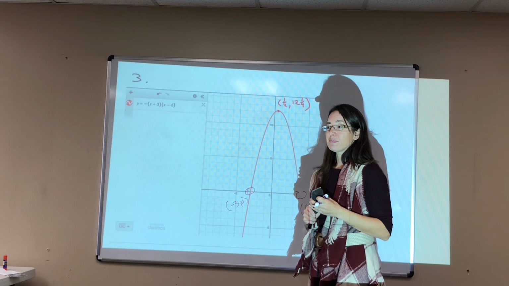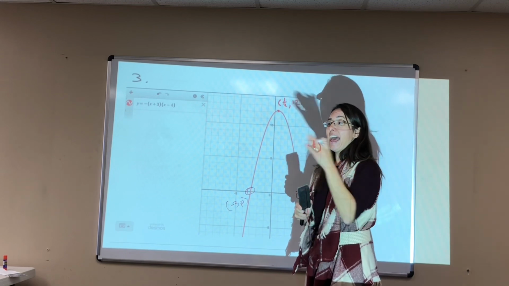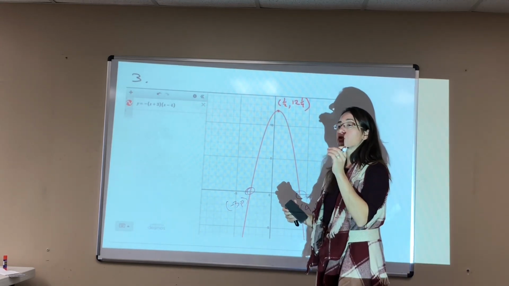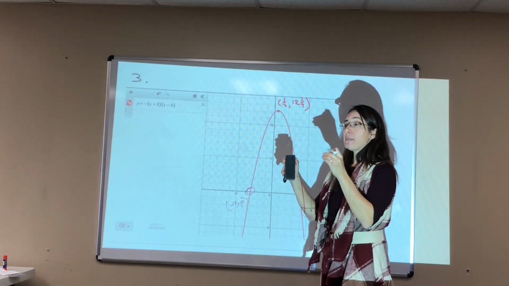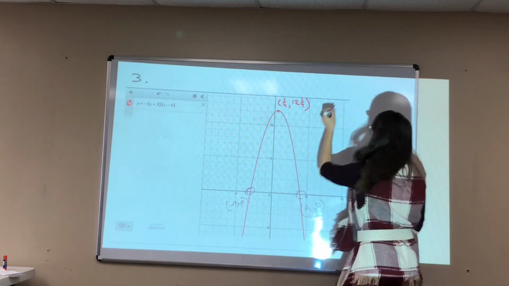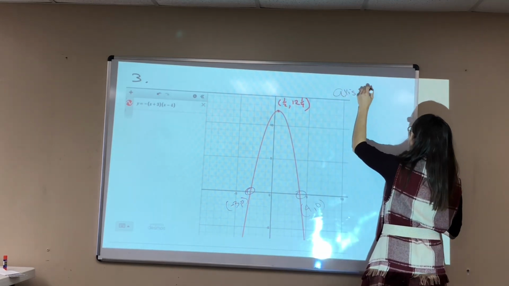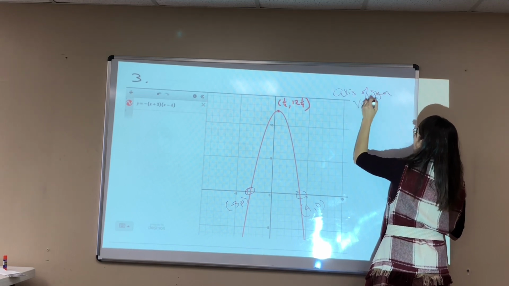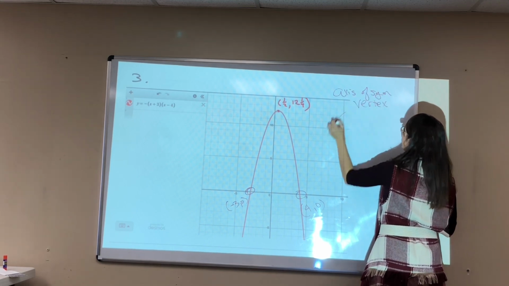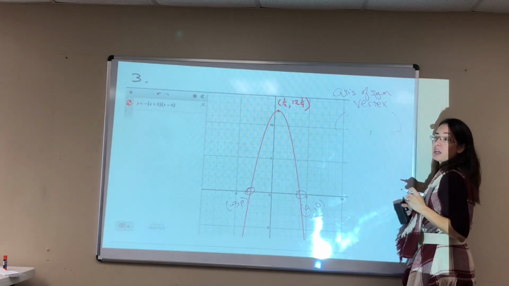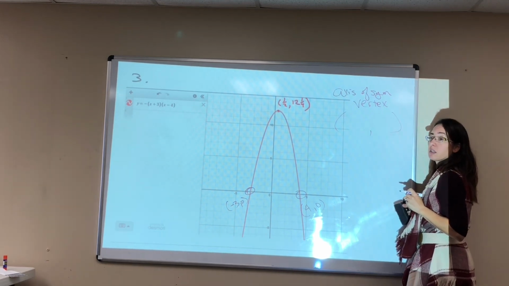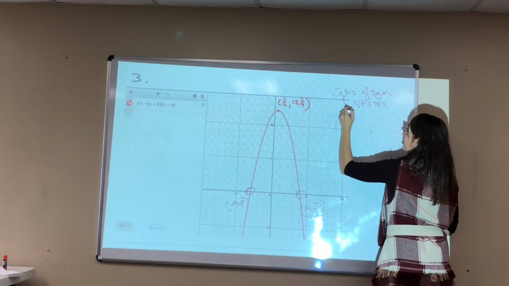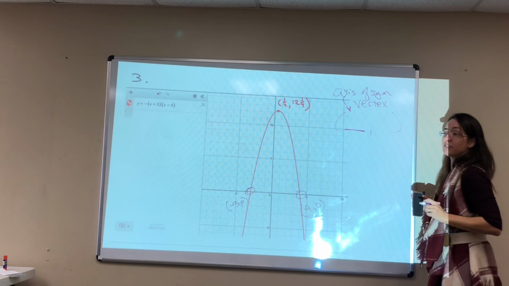The axis of symmetry. The axis of symmetry has to go straight down the vertex. So we know the axis of symmetry has to go on the vertex, specifically which value of the vertex? The x, right here.